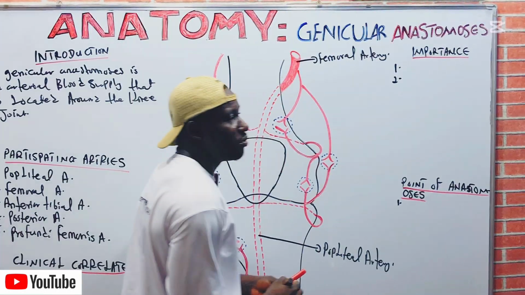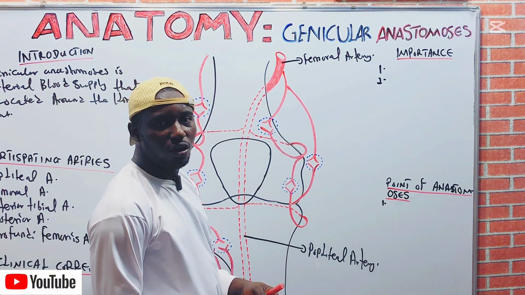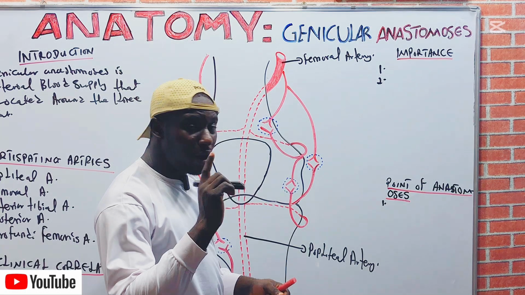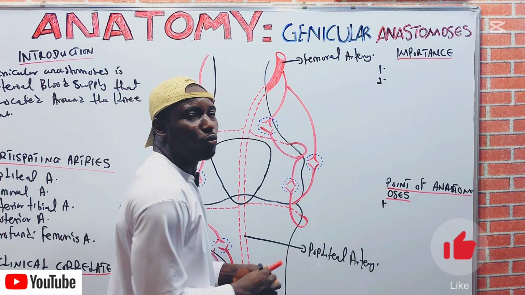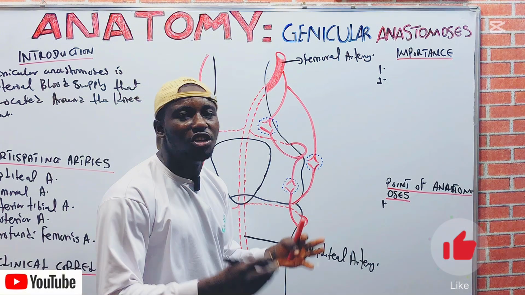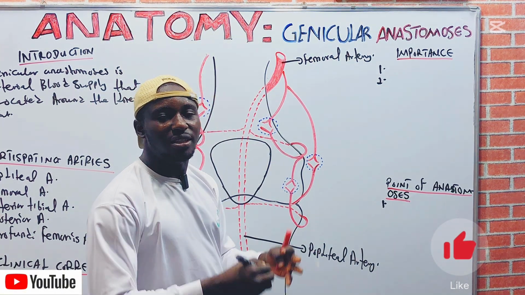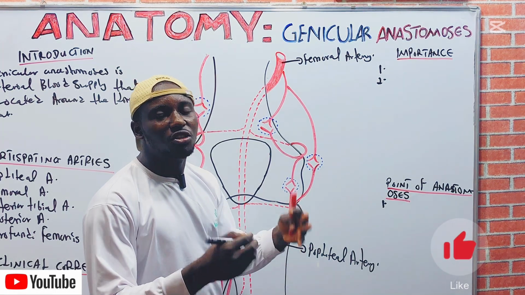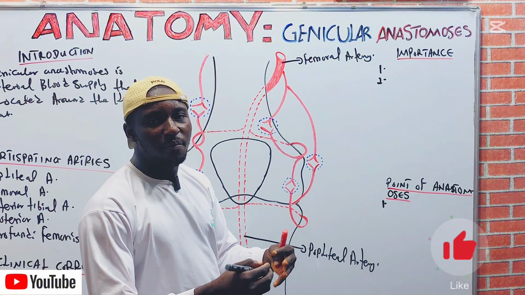Number one point of anastomosis, pay attention: the superior medial genicular artery anastomoses with the descending genicular artery, or the descending genicular branch of the femoral artery, and the inferior medial genicular artery.